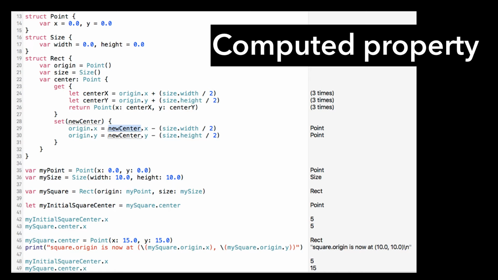But basically, what we're doing here is creating a point at 0, 0. We're creating a rectangle with size 10, height 10. Then we create this new rectangle, initiating it, getting the center, and just changing these numbers.